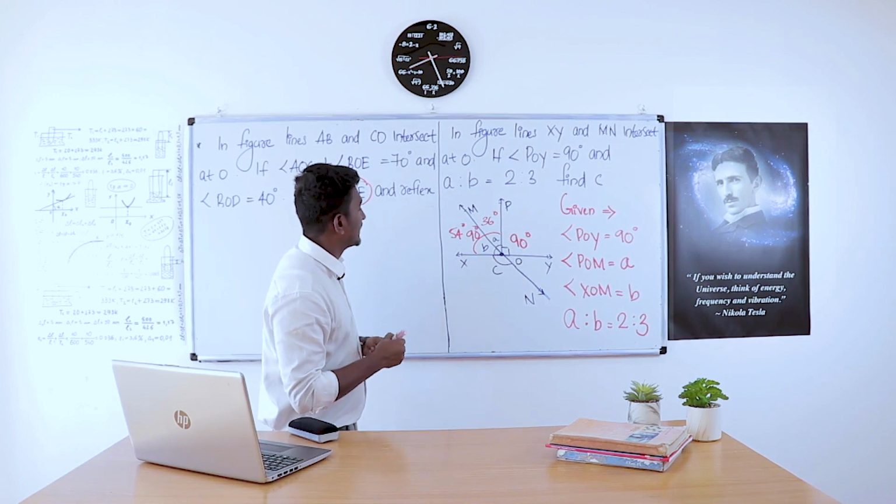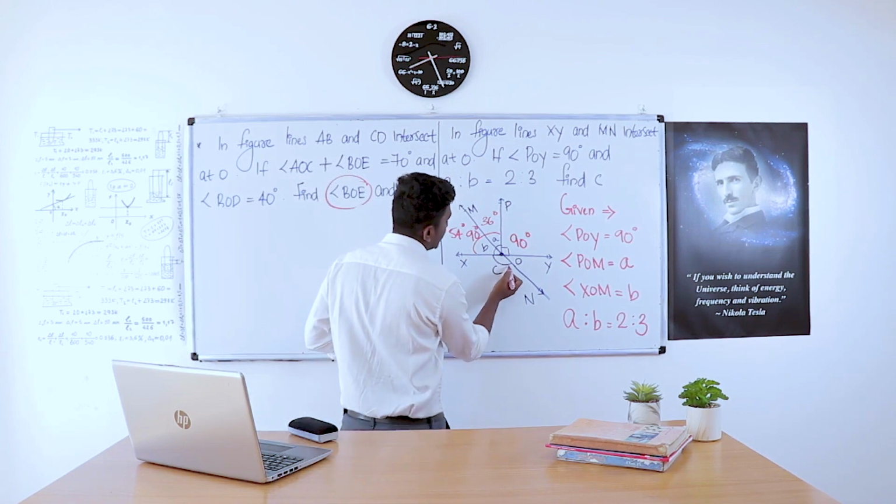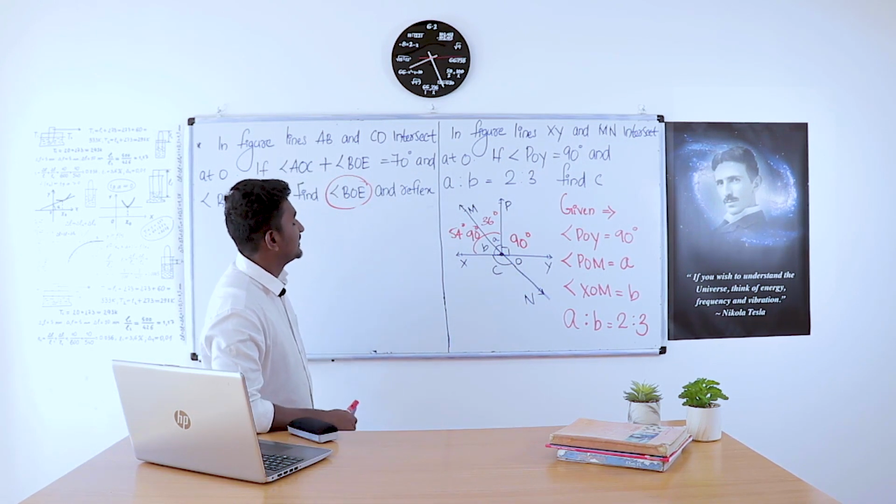Now look at the figure. The angle C is vertically opposite to angle MOY.